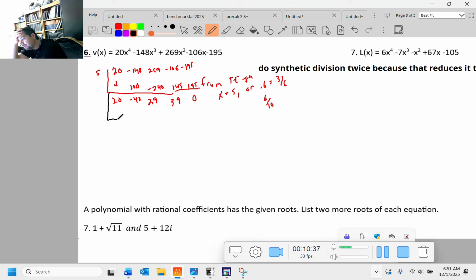And this time we'll repeat the process with 3/5. Alright, to do 3/5 of 20, you multiply by 3, that's 60, divide by 5, that's 12. Negative 48 and 12 is negative 36. Again, we're going to multiply by, lost my train of thought here. Something seems wrong here. I guess I'm just having a brain fart here.